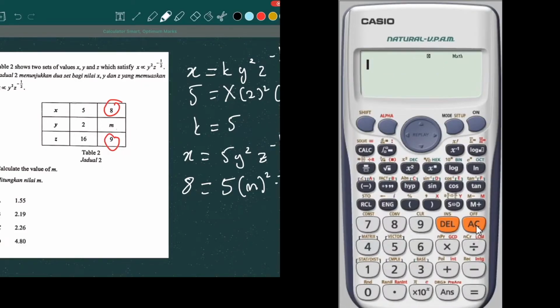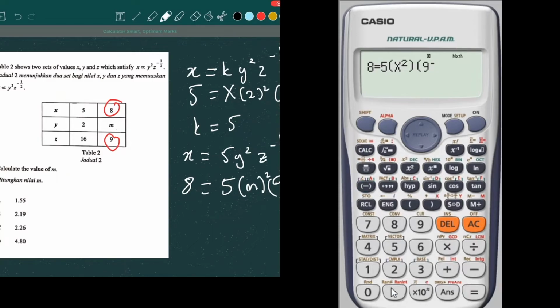Okay, jom kita tekan dalam kalkulator kita exactly like this. So, 8 equal 5. Okay, and then open bracket X, alpha X, A square, dan ni M square, close bracket, and then open bracket 9 to the power of negative 1/2. I suka letak negative 0.5.